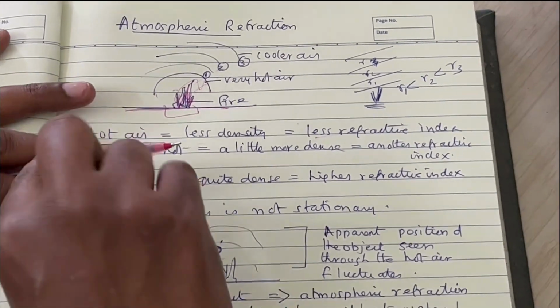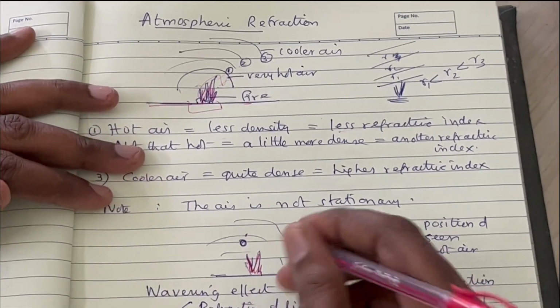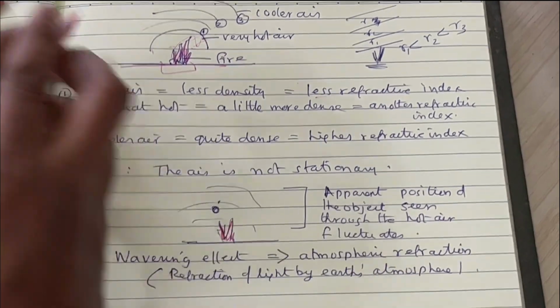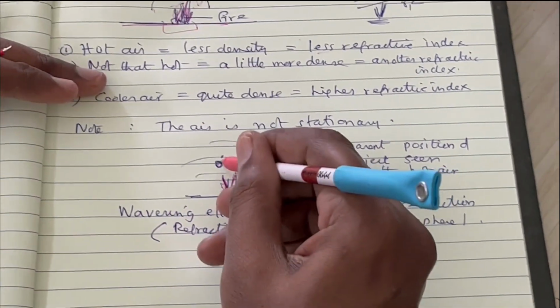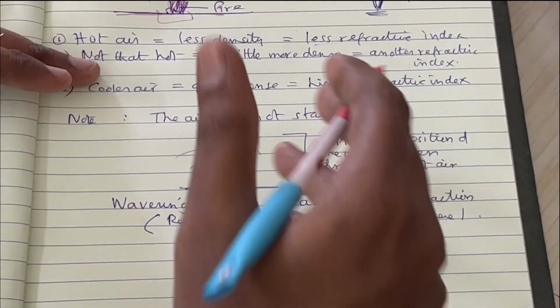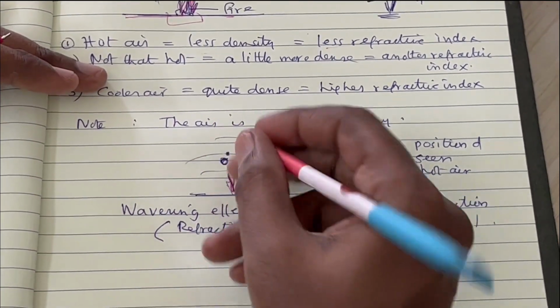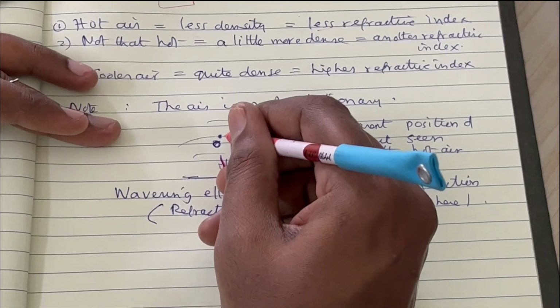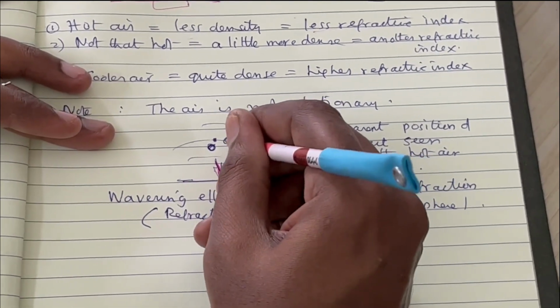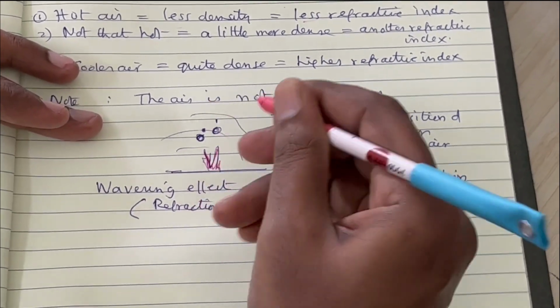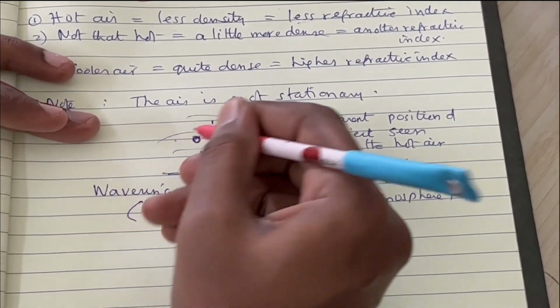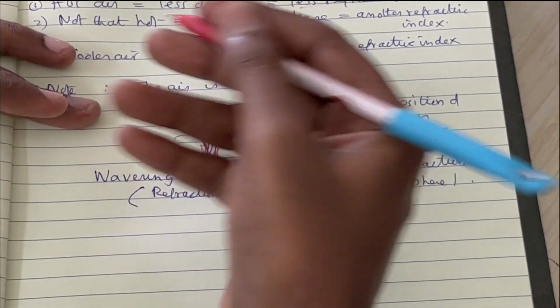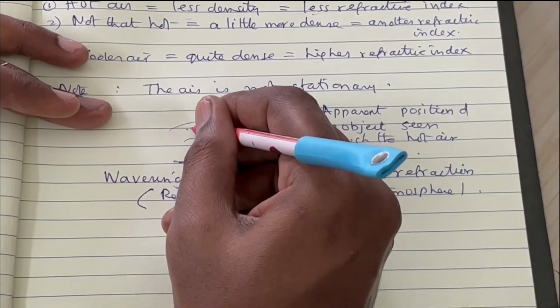So you have the fire going on. Suppose you place an object over here. When you look at the object, you may see that the object is not stationary. Sometimes you may see it at another position, which I will call O dash. A little later it may be to the left of the actual position, O double dash.